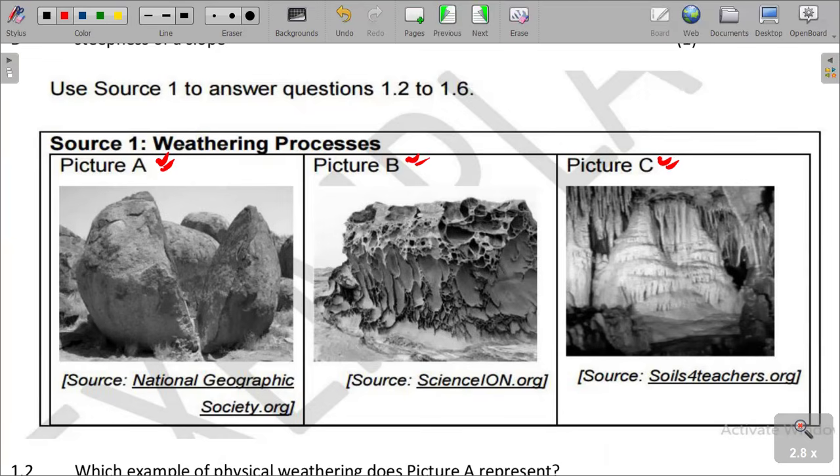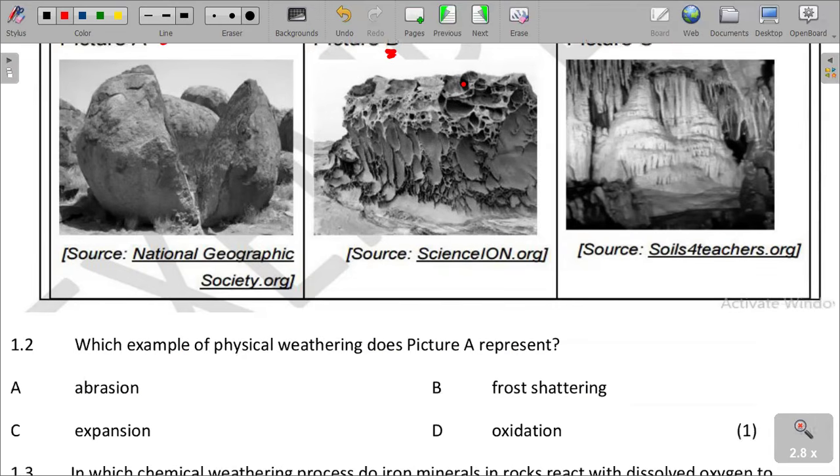We can see that there are deep crevices in photograph B, and a different form taking place in C as well as in A. So these are forms of weathering that are illustrated here.